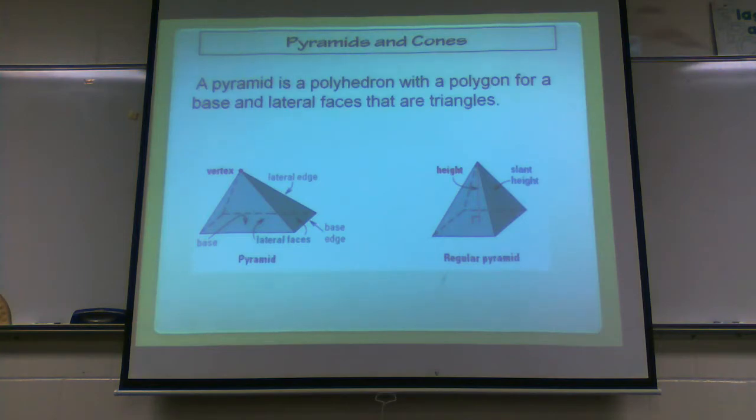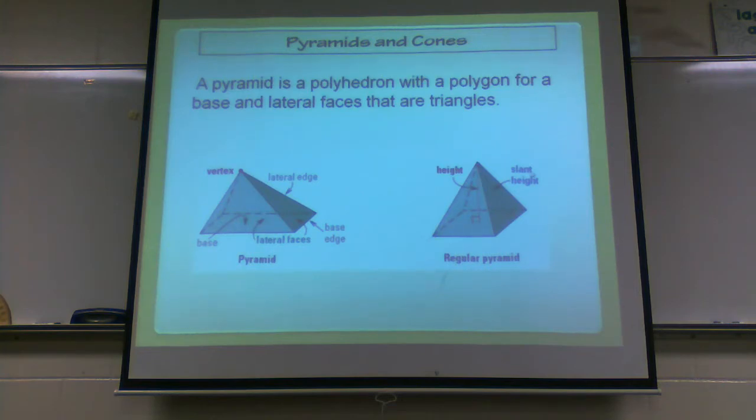With pyramids, guys, the one polygon that is by definition a base, that's the base in general, with the exception of a triangular pyramid, is going to be the one shape that's not a triangle. So the lateral parts today are all going to be triangles, whereas yesterday with the prism, all the lateral parts were rectangles.